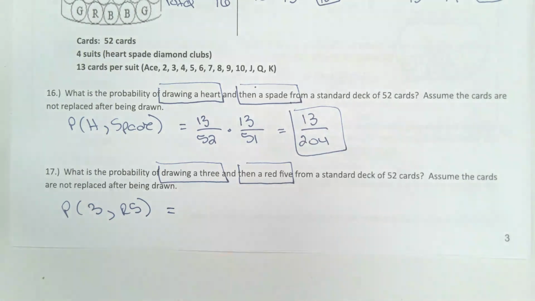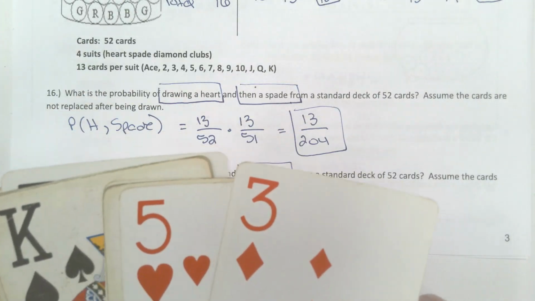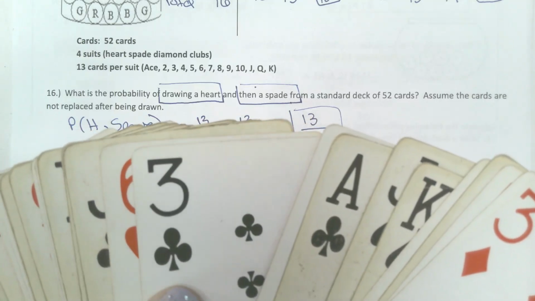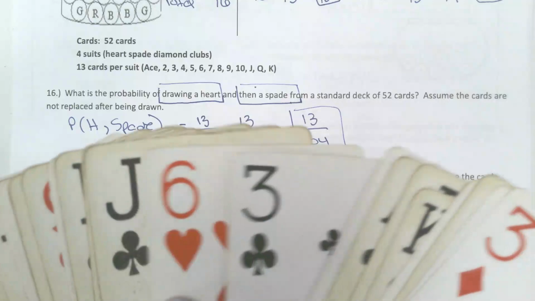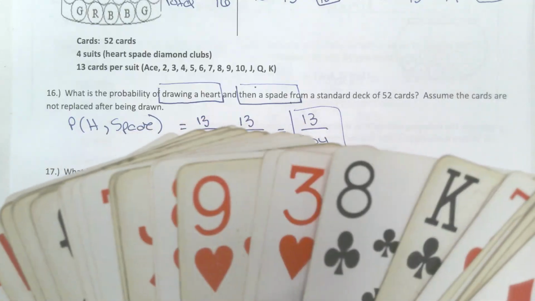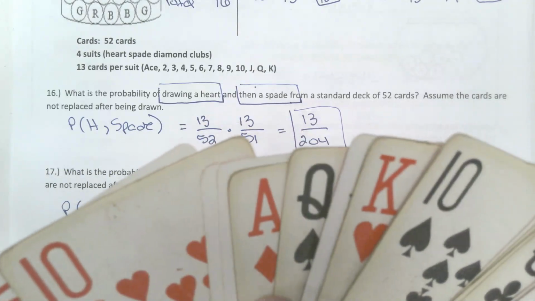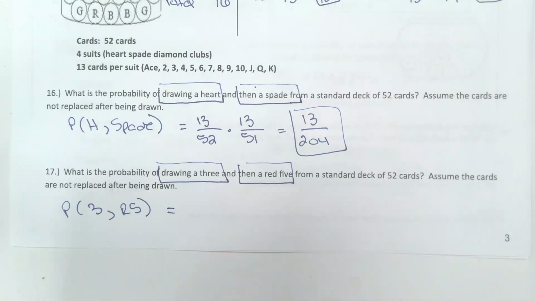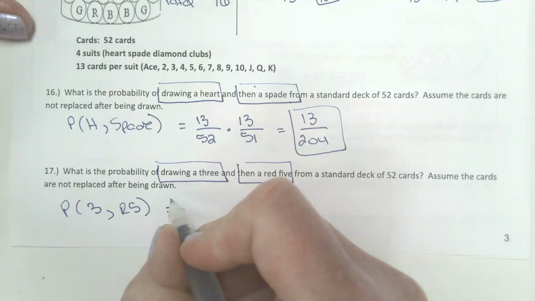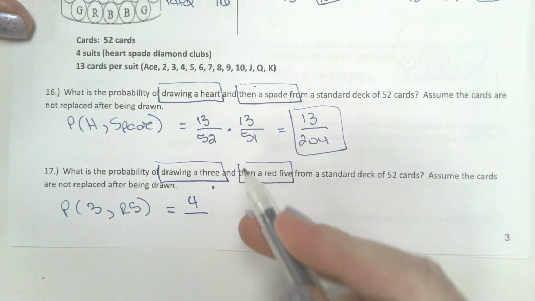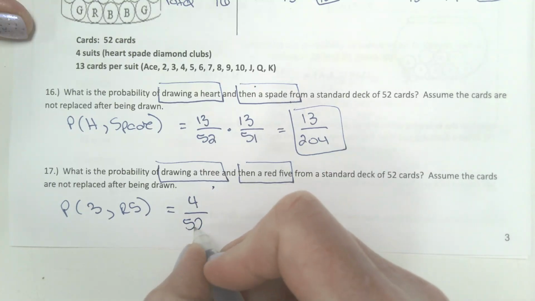All right, so when I had the cards out earlier, so I have the 3 of diamonds, 3 of clubs, 3 of hearts, and somewhere in here there should be the 3 of spades, wherever it's hiding. So there are 4 different 3s in the deck. So the probability of drawing a 3 is 4 out of 52.